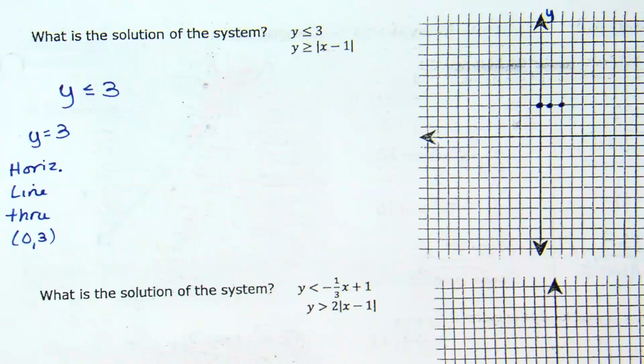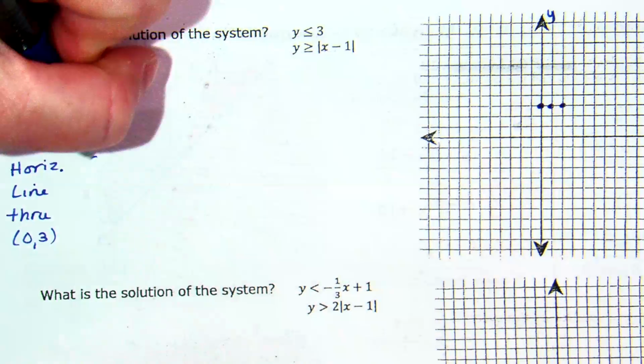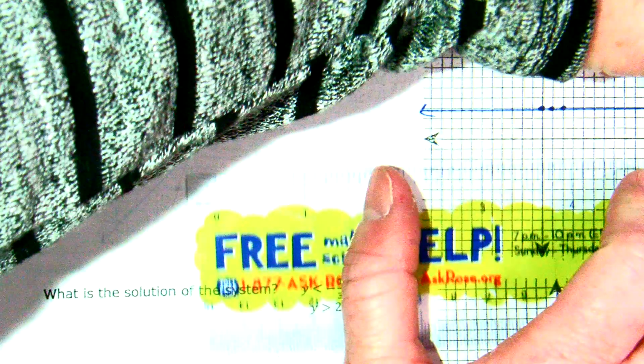Same two questions as the questions on the front side, and that is solid or dashed line? It's equal to, so this is going to be a solid line. And what else?